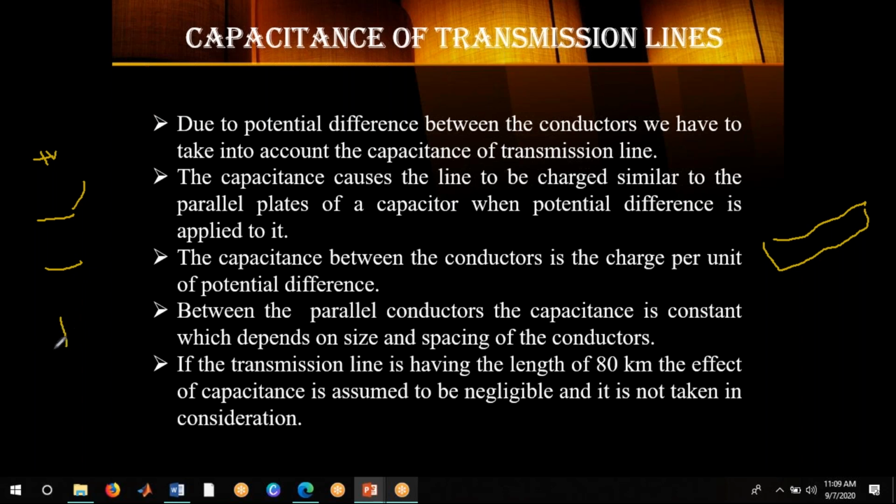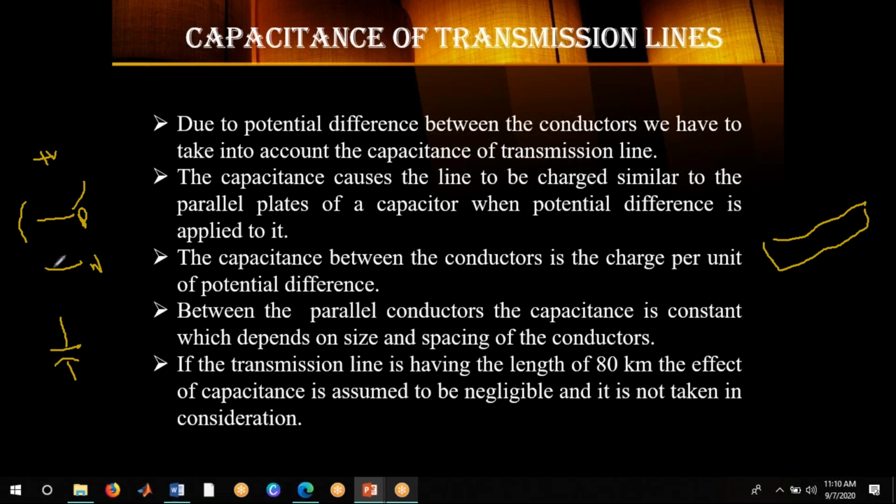You know the capacitor symbol, right? With a phase and neutral, it looks like a parallel plate capacitor, so it should be like this. When the two conductors or plates are connected in parallel, a potential drop occurs between the two plates, and the capacitance between the conductors is the charge per unit of potential difference.